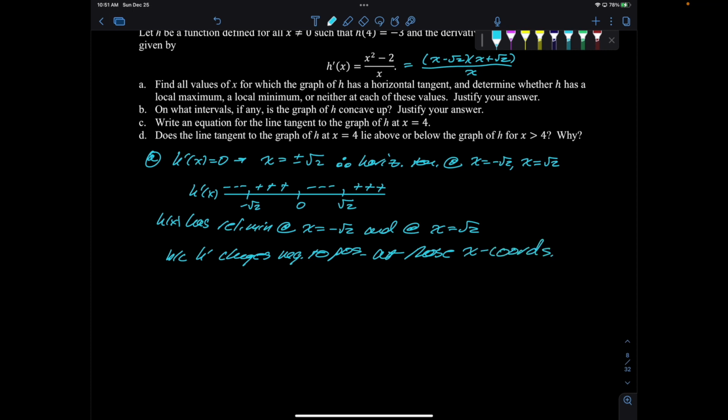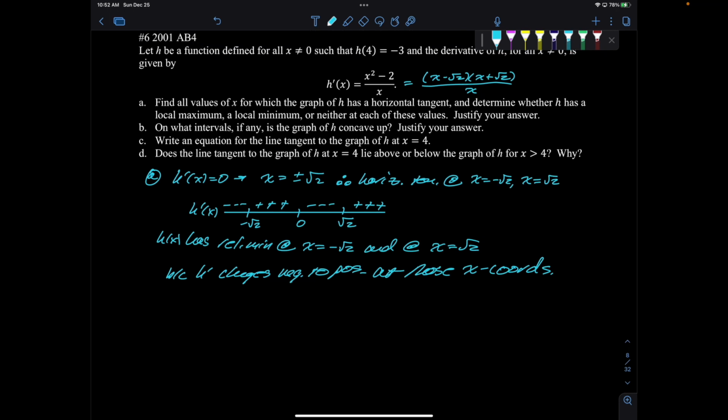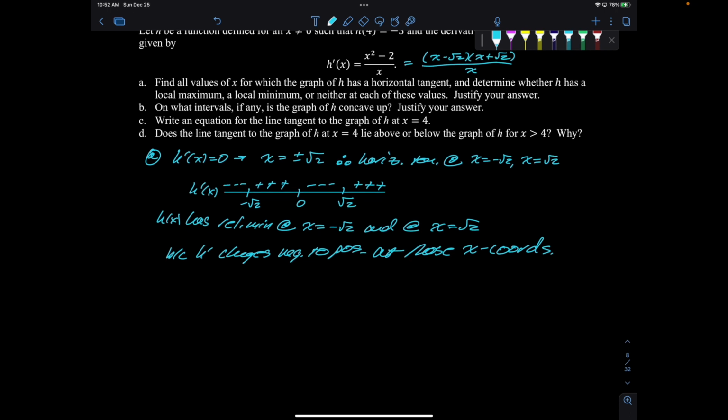Okay, that's fine. On what intervals, if any, is h of x concave up? So I'm going to start with this. I'm going to rewrite it and say that h prime of x is 1 minus 2 over x, because then h double prime is easier to find. So I don't have to use the quotient rule.